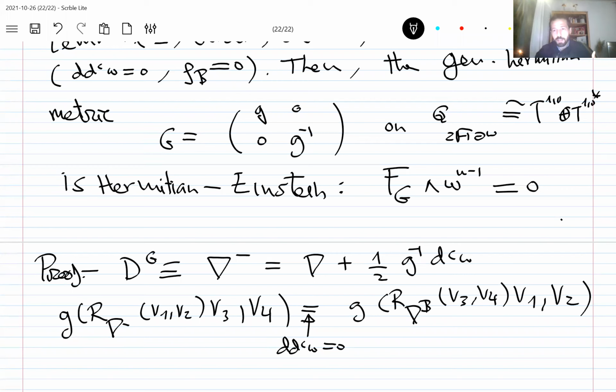So if you see this formula, if there were no torsion, it's essentially the first Bianchi identity.